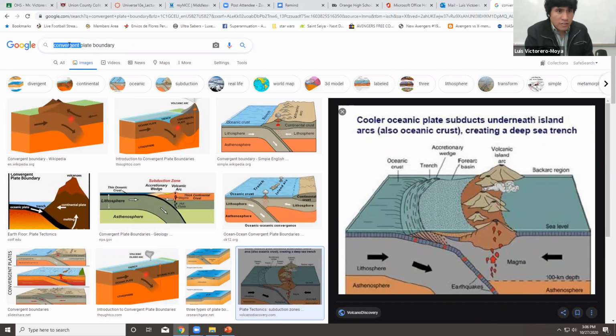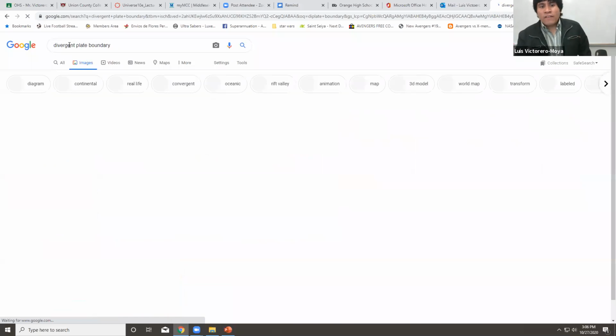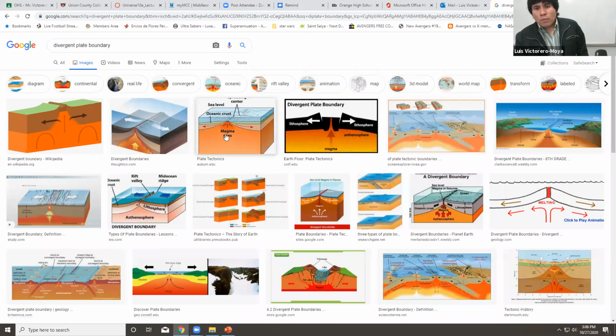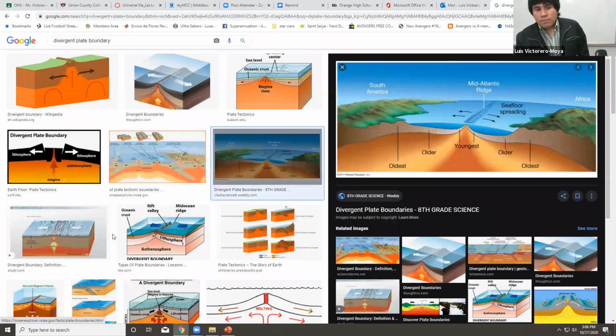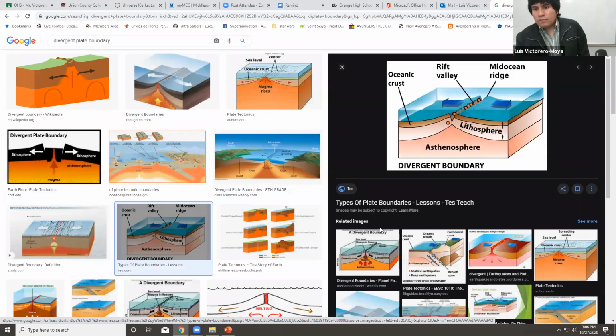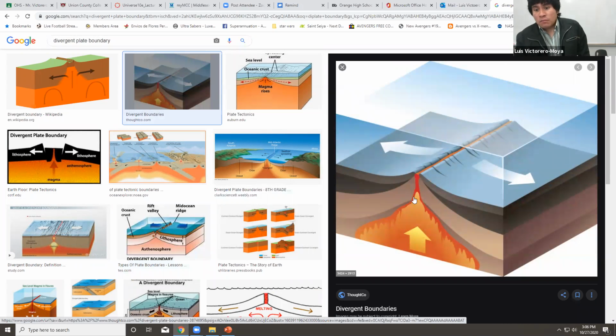Let's take a look at divergent. For a divergent plate boundary, you normally can have this division, and you can have also a small rift, something like this, a rift valley. Now, depending on the type of rift, you can produce also volcanoes there, because magma goes up all the way, and it can be escaped in a volcano in what we know as lava.